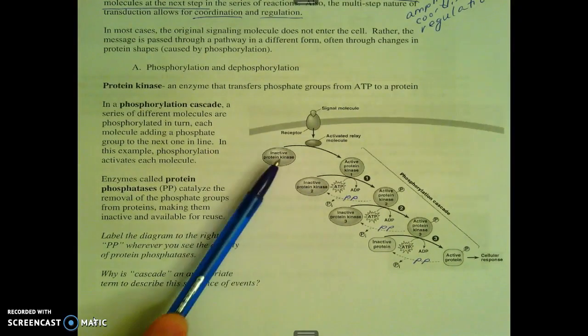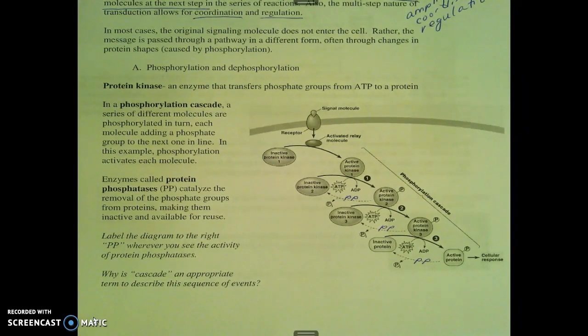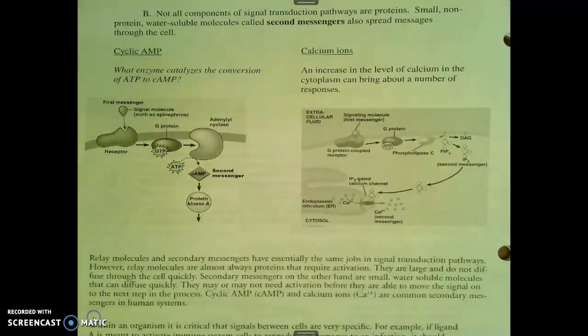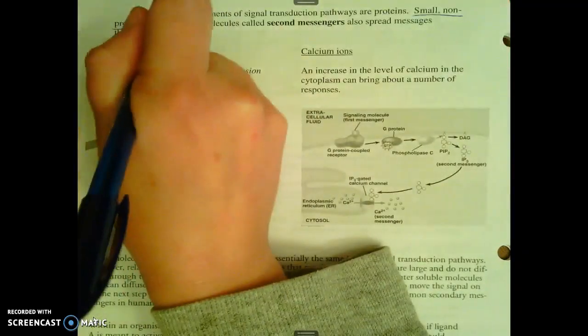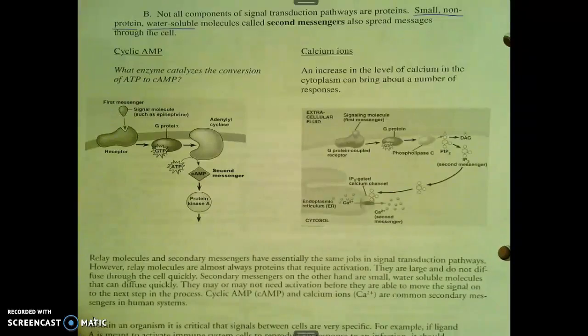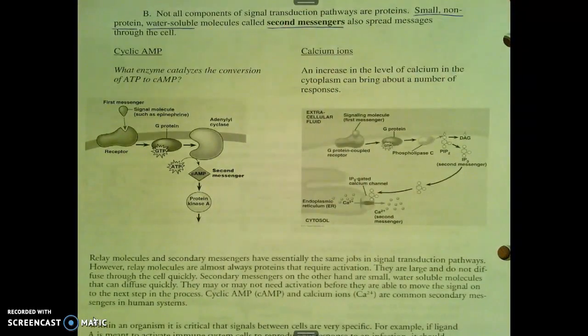In this instance, we have a lot of different protein components, but not all parts of a signal transduction pathway always have to be proteins. Let's flip it over and see. Even though proteins can be a big part of transduction pathways, sometimes we see small, non-protein, water-soluble molecules, and we can refer to these as second messengers.